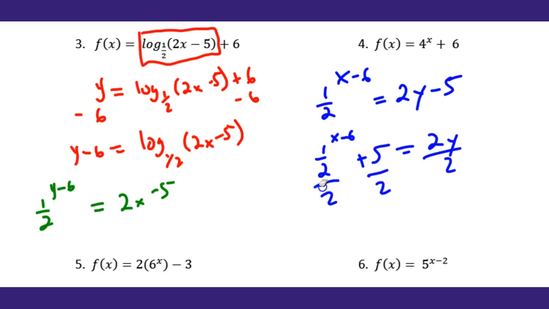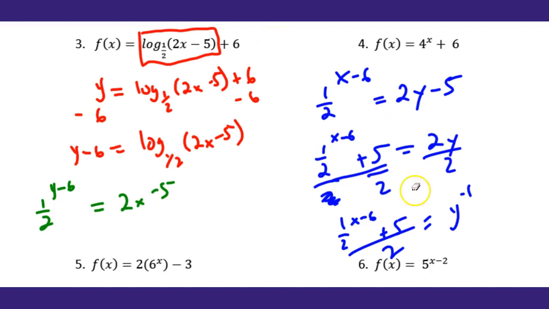All right, anyway, that simplifies to give us 1/4. Well, actually, nope, that doesn't simplify. So I'm going to leave everything over 2. So our final answer would be 1/2 to the x minus 6, plus 5, all divided by 2 equals y, or our inverse. All right, so that's our inverse for that one.